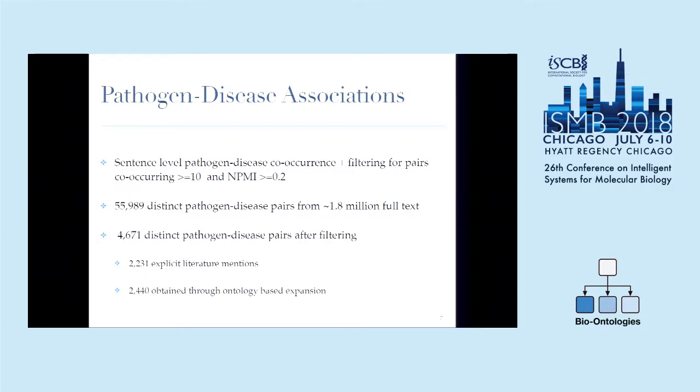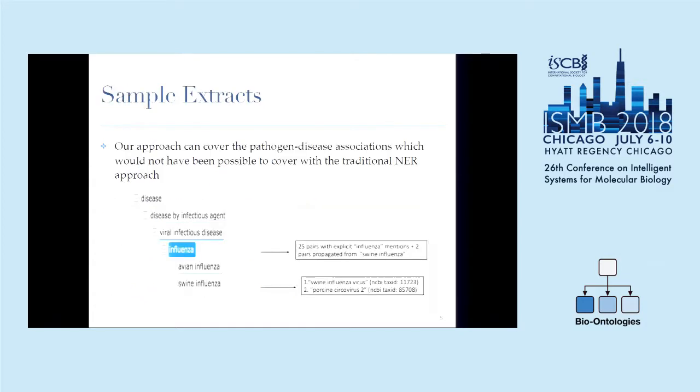Our set included around 56K distinct pathogen disease pairs, and after applying the filter, we obtained around 4.6K distinct pathogen disease pairs. Only 2.2K of these pairs were explicit mentions in the literature, and then we obtained another 2.4K by expanding these associations.